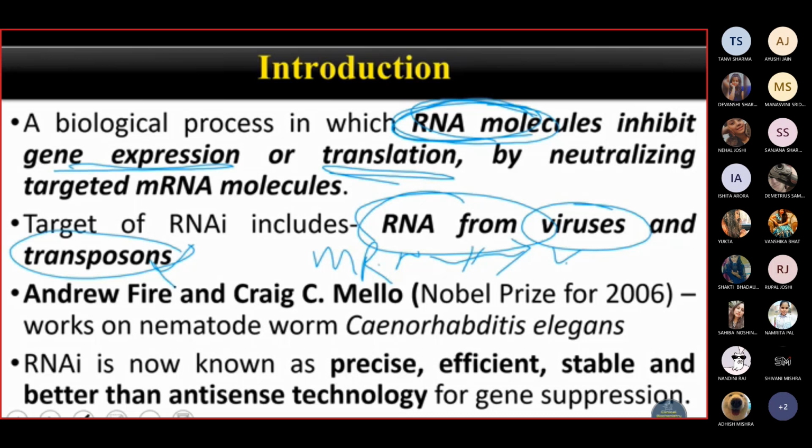So any RNA which comes from a virus or from transposons will be regulated by RNA interference. RNA interference is a process which is regulated by an RNA molecule itself, not by the same RNA, but by a different RNA. So a different RNA molecule regulates gene expression at the messenger RNA level. That is called RNA interference.